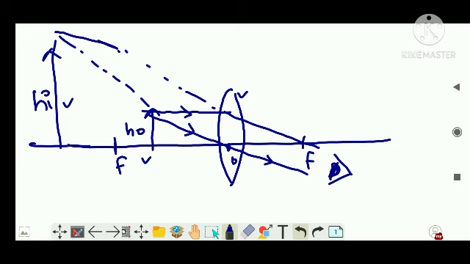Now I'm going to mark this angle as beta, because it is the angle subtended by the final image at the eye. Actually this is the same angle, the angle subtended at the eye, and that means this will be beta.